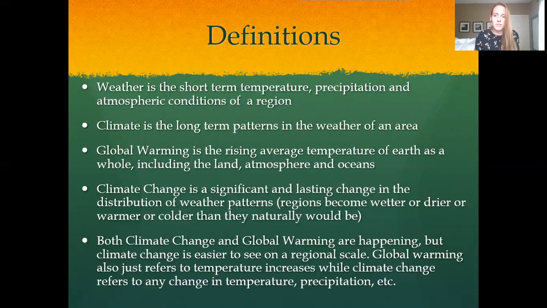But you might be able to then see how climate change is applying to you when your climate has gotten colder and wetter. So yeah, global warming just refers to the average temperature increases that the entire world has been experiencing on average, whereas climate change refers to any change in temperature or precipitation that happens at the regional level.